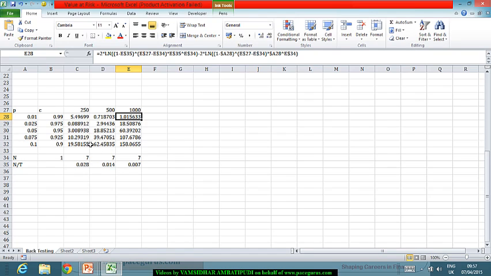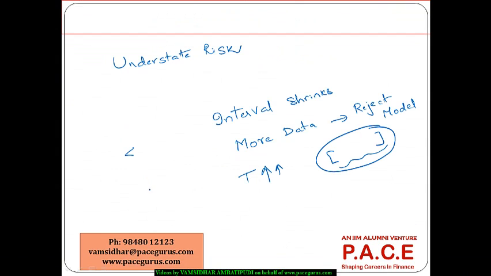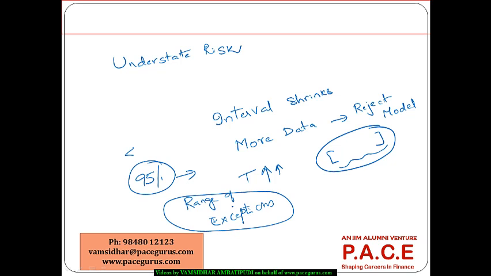So generally what the banks try to do is compute the VAR for a 95% confidence interval and then identify the range of exceptions using the back tested failure rate kind of model, so that they get a limit both on the downward side as well as on the upward side.